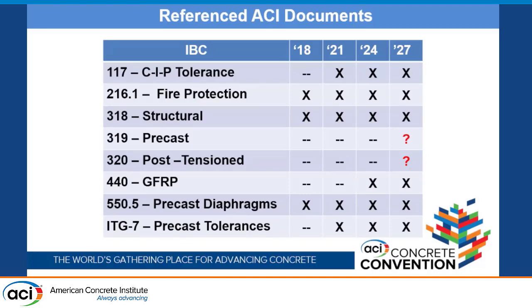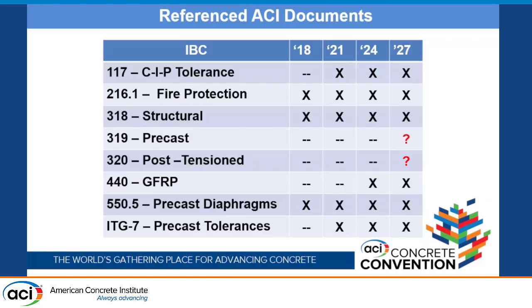So this is what we currently have referenced in the IBC. In 2018, in the IBC, we had 216, 318, and 550 referenced. In the 21 model building code, we added 117, ITG-7 on tolerances, and then in 24, we were able to add the glass fiber reinforced polymer structural concrete design.